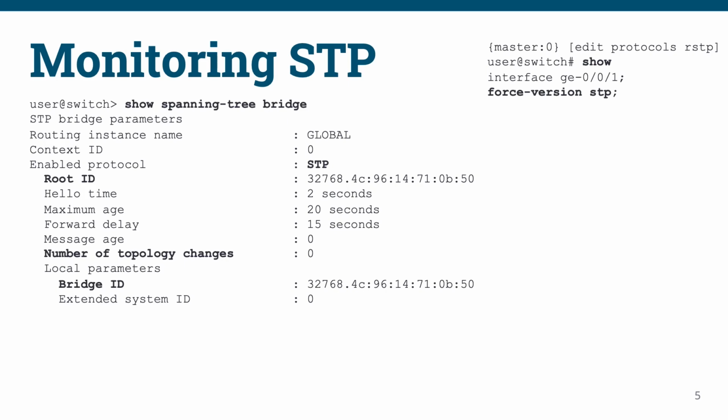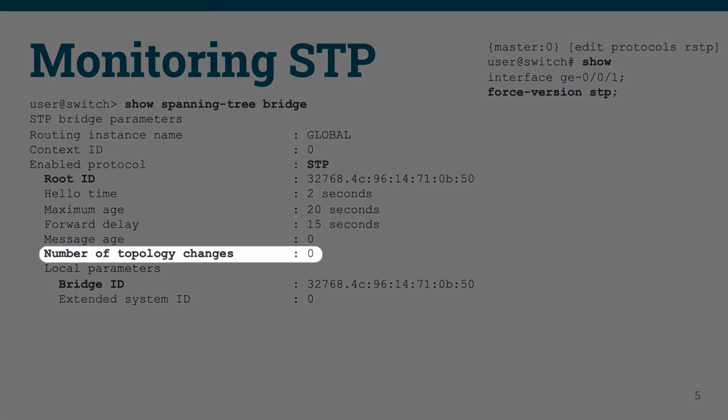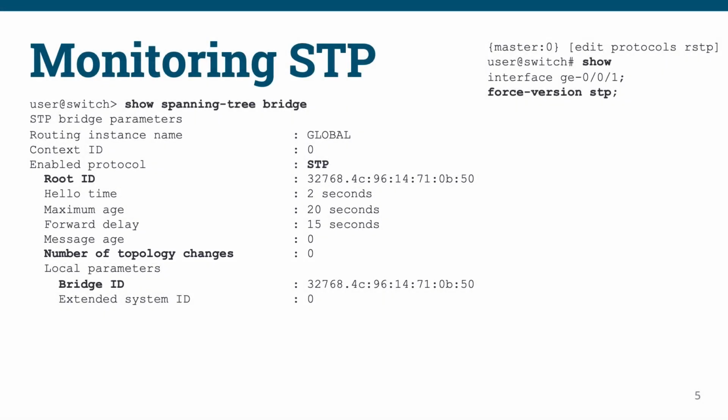An important line of this output in troubleshooting network issues is the number of topology changes. This indicates the number of TCNs that the switch has received. If this number is incrementing, then there is some sort of inconsistency in the network.